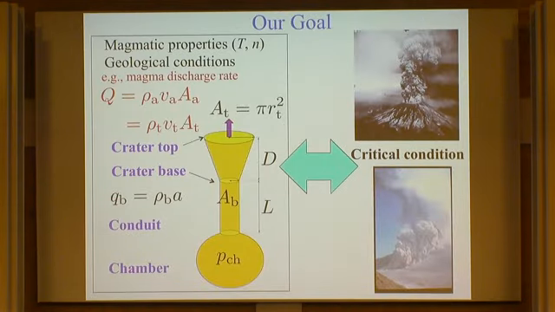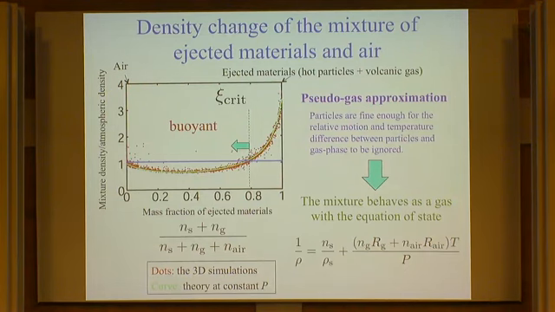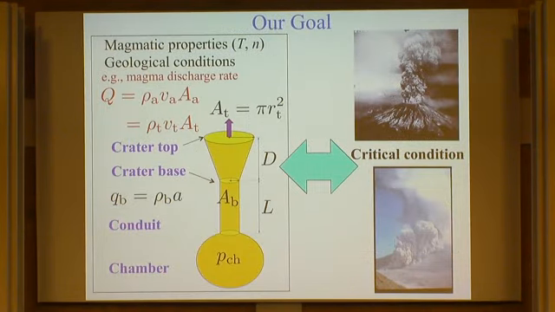Okay, let me see. So actually this is a very important physics behind the phenomenon, and almost the only physics behind it. But in geological context, what we are interested in is the condition that separates these two eruption styles in the geologically meaningful parameter spaces like magma properties, temperature, and water content, and geological conditions like shape of craters, depth of magma chamber, and pressure of magma chamber and so forth.